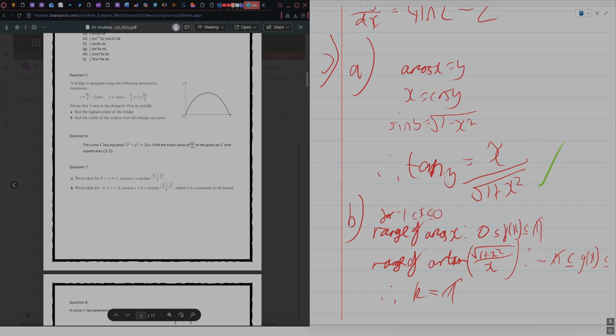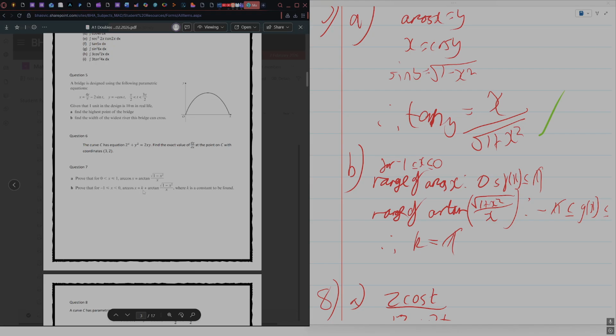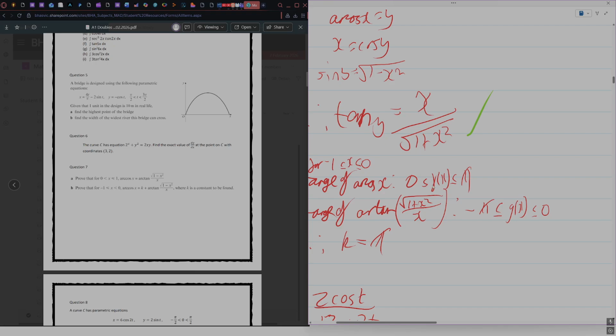So for this domain here, if you graph arc cos and then arc tan of that, it's going to be the same from 0 to 1, but they're going to be flipped from -1 to 0. So the thing you add here is going to be just pi, because, or it's not even that it's flipped, it's just that the range of arc cos is 0 to pi.